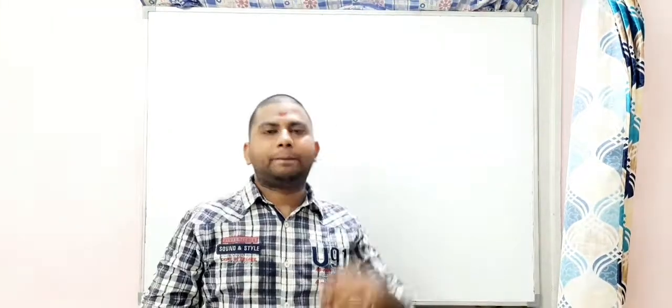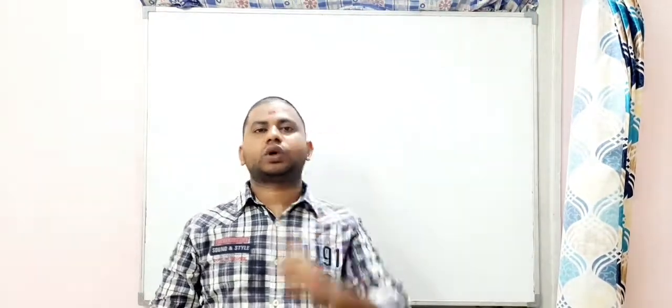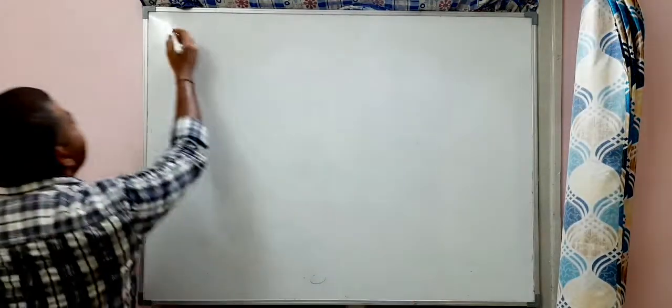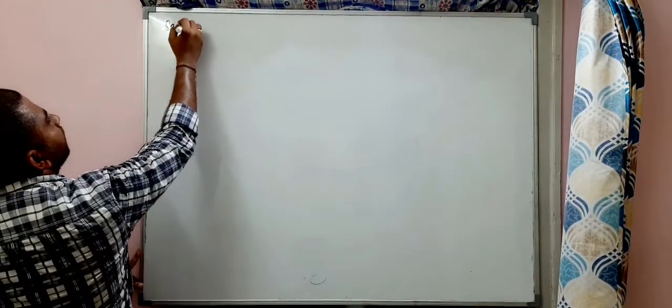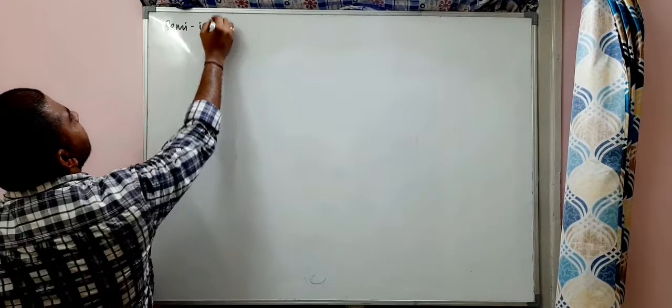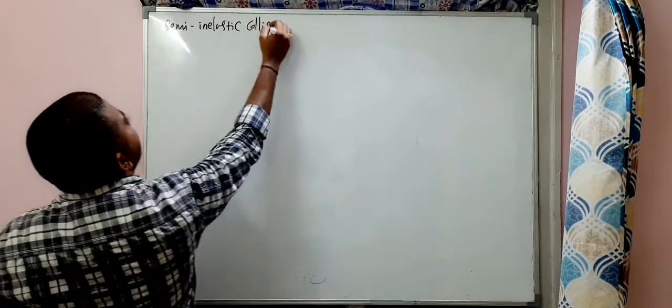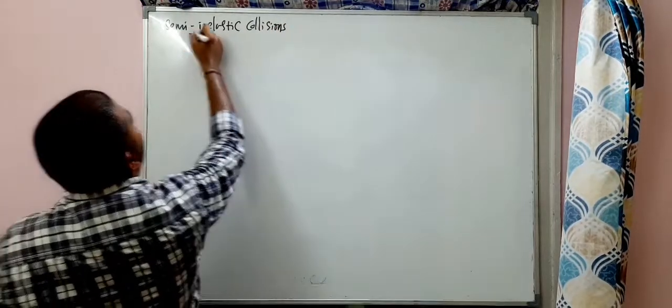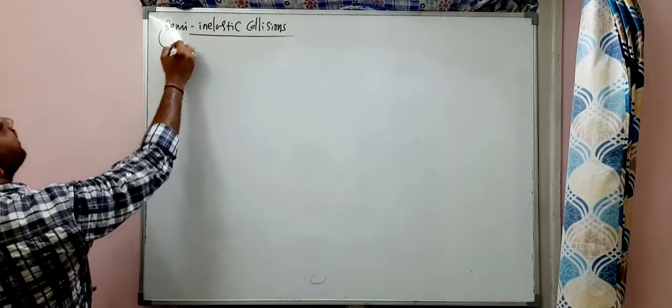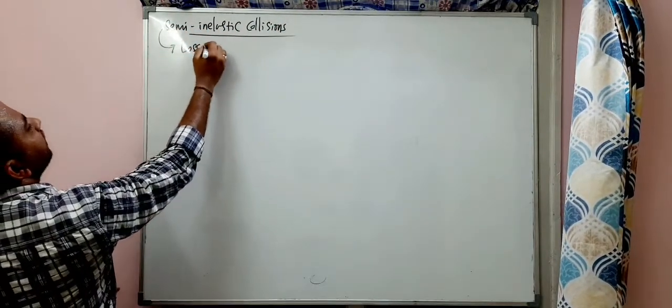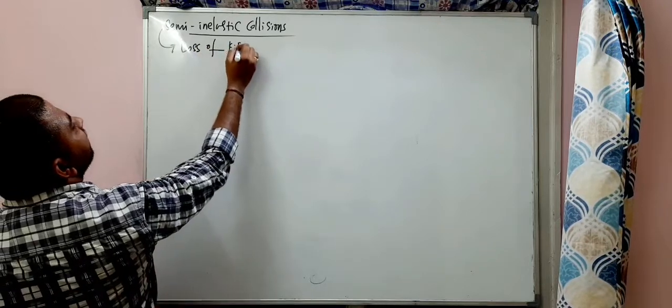Okay, my dear students, before we move into the perfectly inelastic collision, we must talk about the loss of kinetic energy in semi-inelastic collisions. What is the topic here? Loss of kinetic energy.